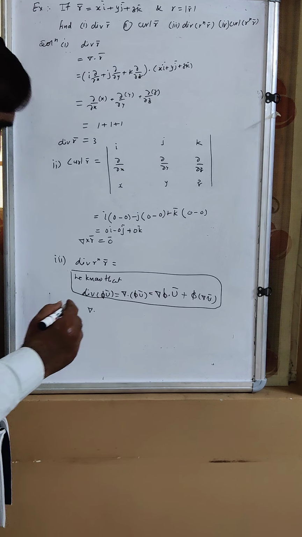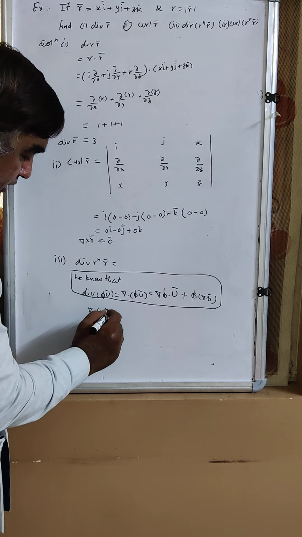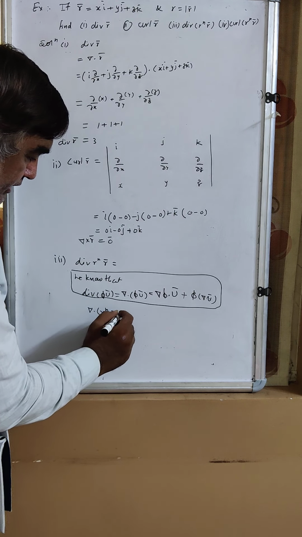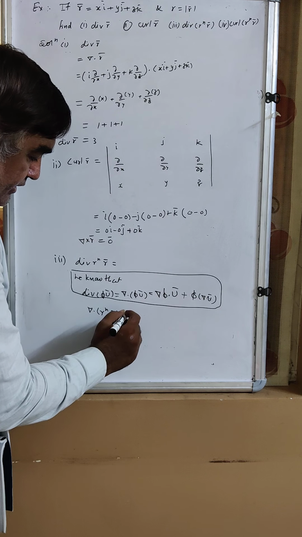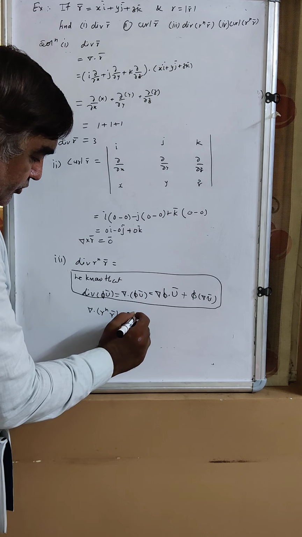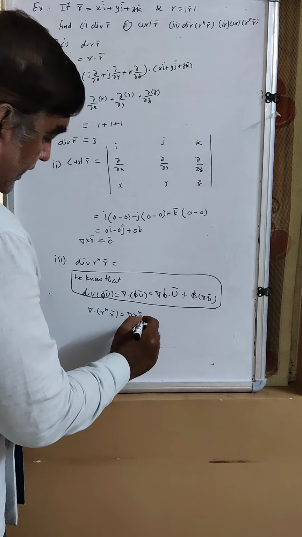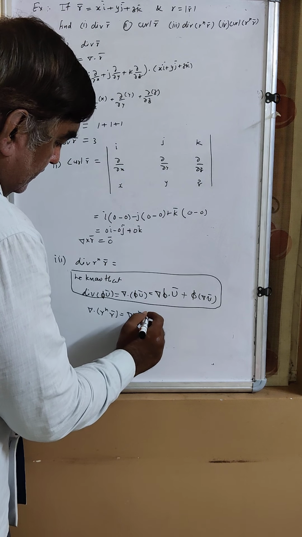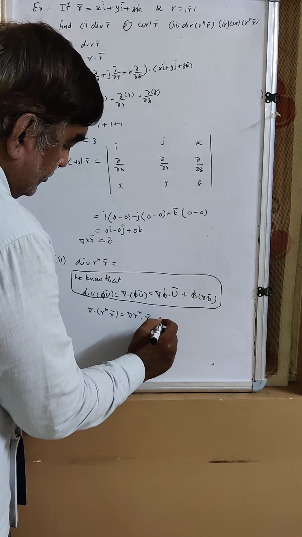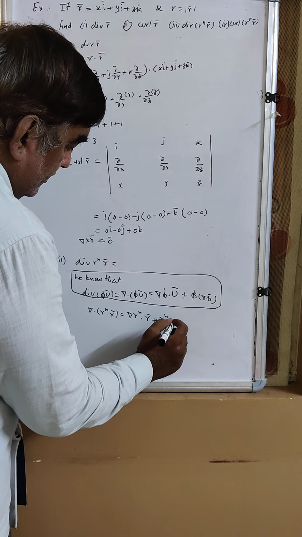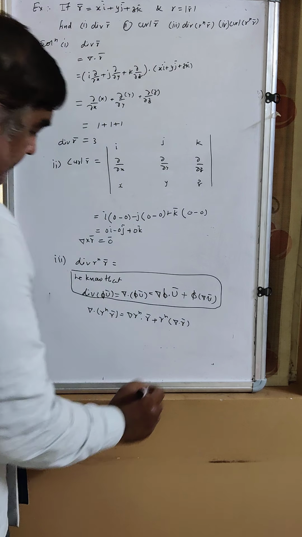Del dot r raised to n r vector is equal to del phi, that is del r raised to n, dot r vector, plus phi, that is r raised to n, del dot u vector, that is del dot r vector.